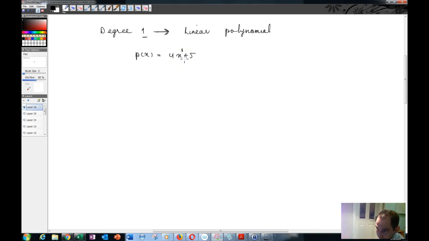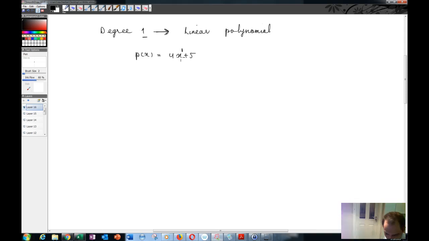And something interesting that you would most probably not pay attention to: it's not actually possible to find a linear polynomial that has 3 terms. A linear polynomial can have at most 2 terms.